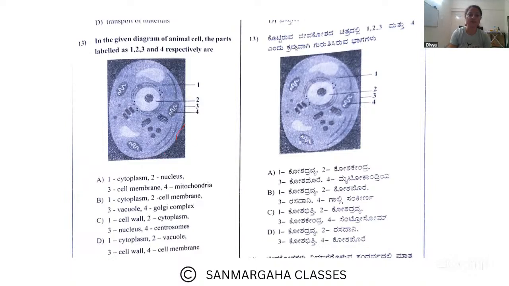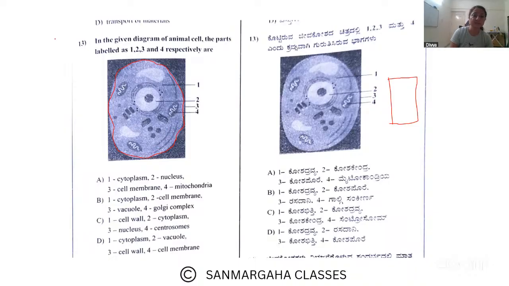Here you have the structure, and it looks oval shaped, and hence it is an animal cell. If it was a plant cell, it would look like a rectangle shape. So by looking at the cell itself, we can say whether it is an animal cell or a plant cell.